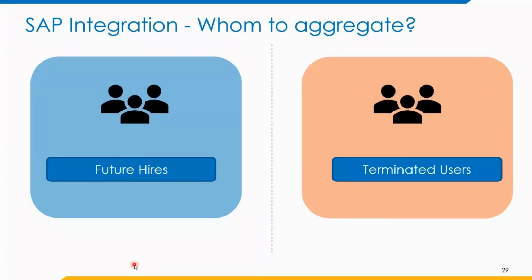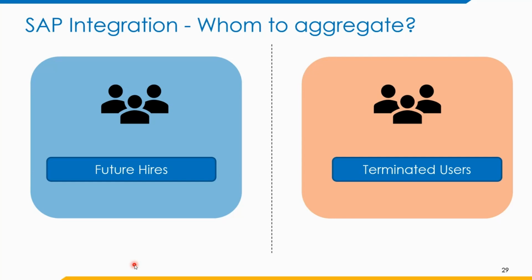Coming to the SAP aggregation part, in the aggregation part we will see how we can aggregate different types of users. So here we can aggregate two types: one is future hires and one is terminated users. For the future hires, this aggregates all future hires within a specified day range.